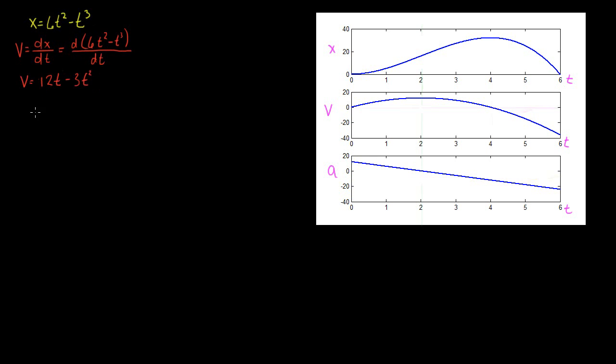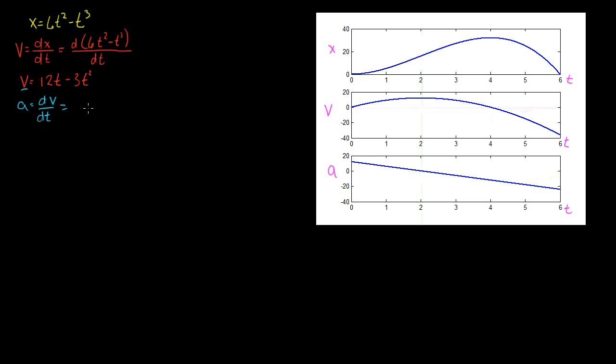Now, to get the acceleration, we know acceleration is equal to the derivative of the velocity with respect to time. So let's clean this up a little bit. And we just found an expression for velocity.